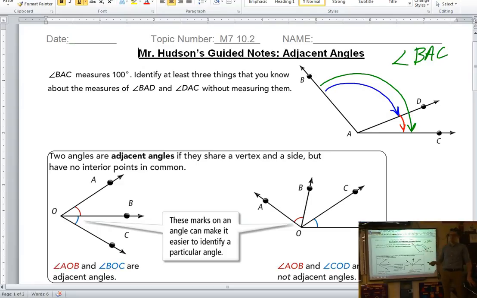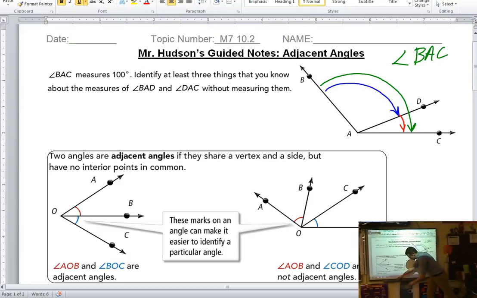I can be adjacent to my banana when I stand next to it. But once I eat that banana, am I next to it? No. When one angle is inside the other, they're overlapping, is what we call that. They're not adjacent. So you have to be next to, not inside of.